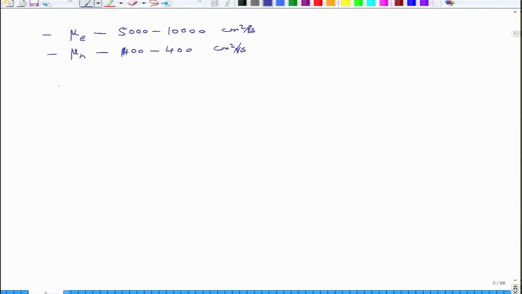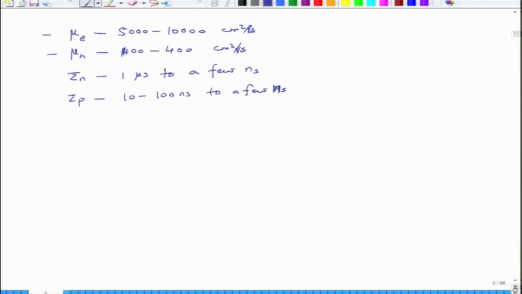And the lifetimes of carriers: tau n is about a few nanoseconds, and tau p or tau h is about 10 to 100 nanoseconds to a few nanoseconds.